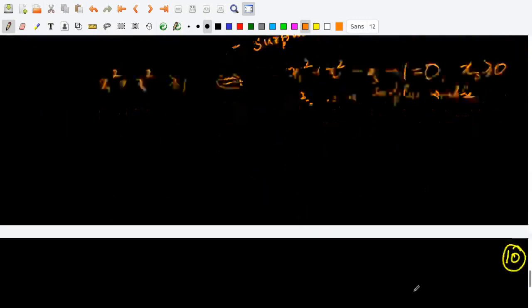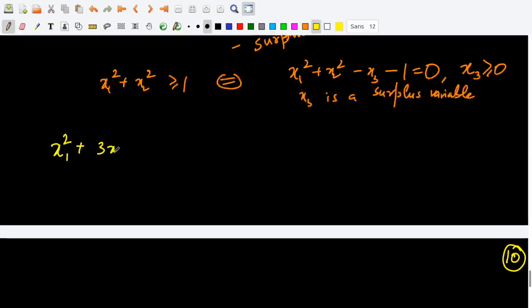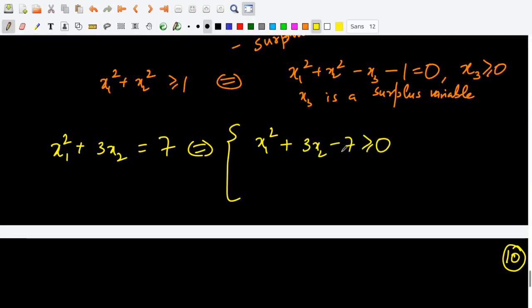Okay. On the other hand, if you have an equality constraint, I can rewrite this in terms of inequality constraints only by saying that this is greater than or equal to 0 and also less than or equal to 0. So if some expression is both less than or equal to 0 and greater than or equal to 0, then that means it must be equal to 0.